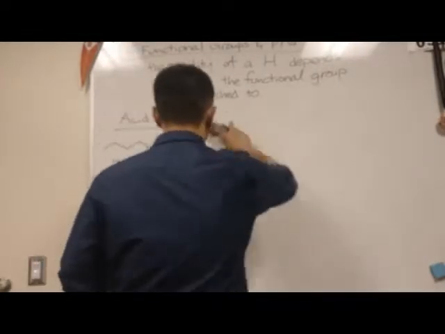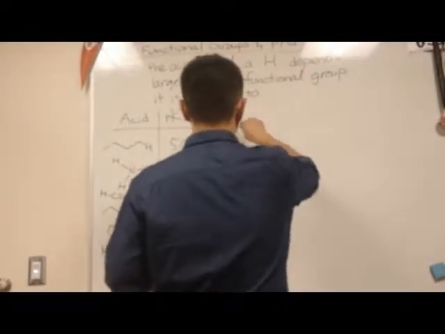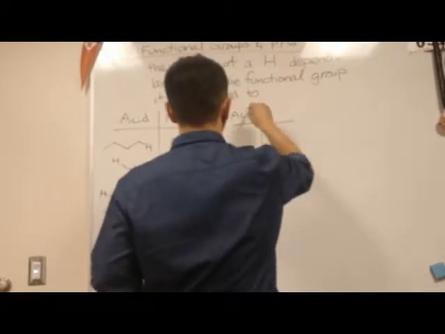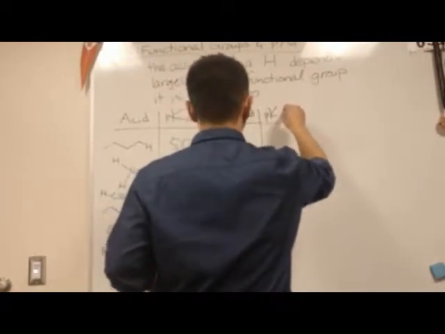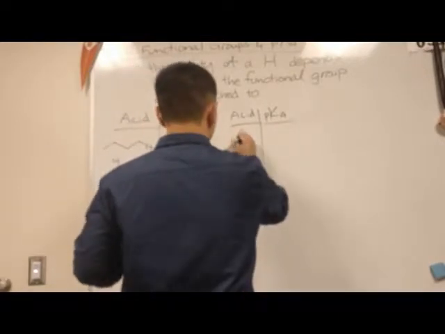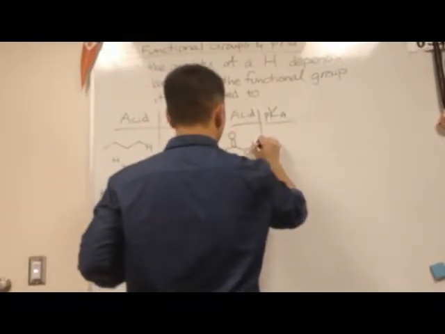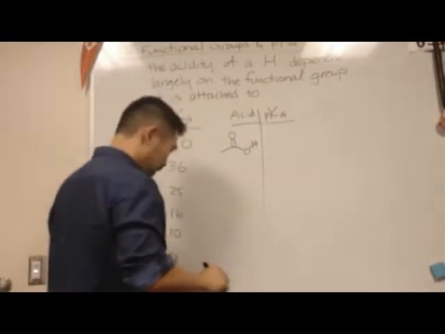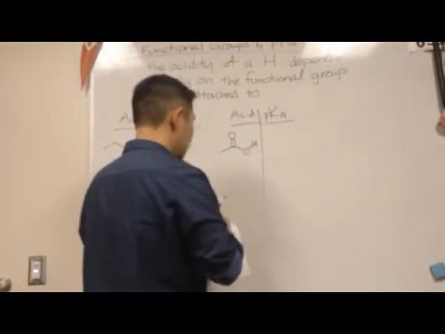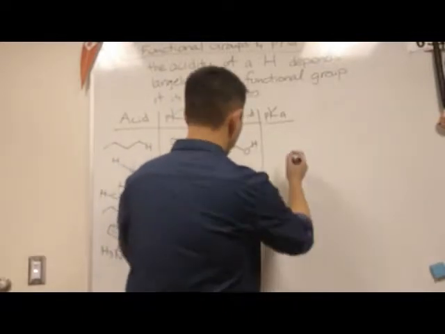Okay. Continuing the table here. So it's acid, pKa. The next one up would be the carboxylic acid functional group. As you might expect, it's getting to be a lot more acidic.